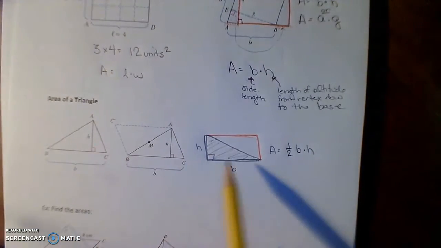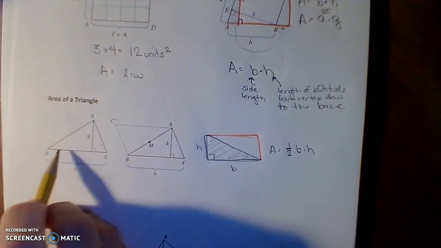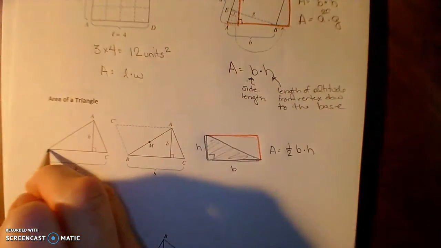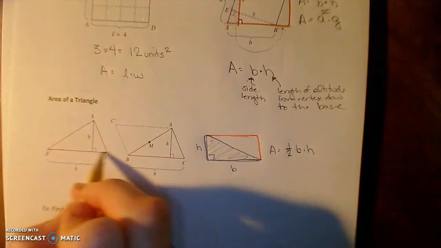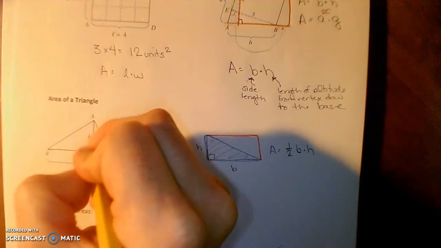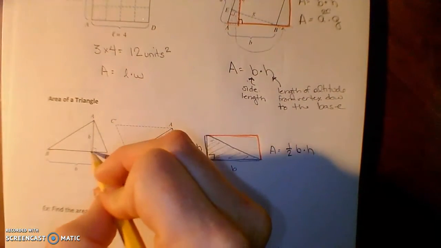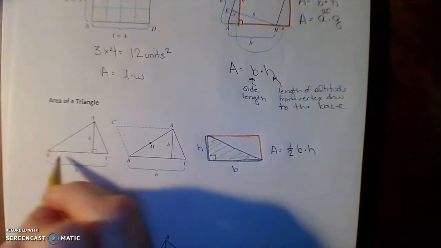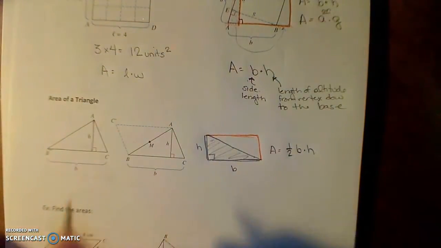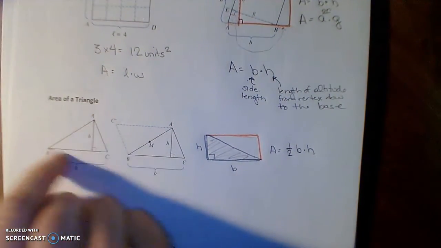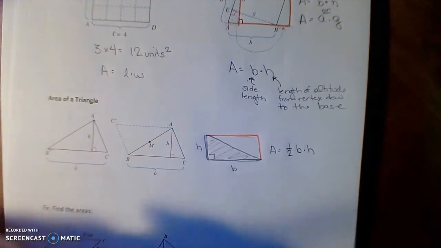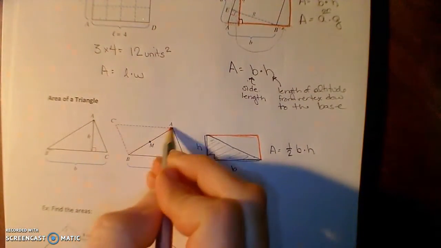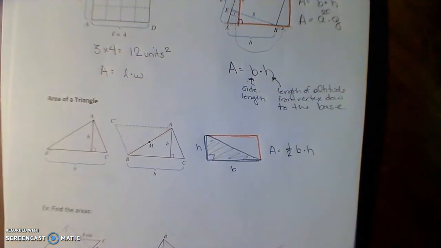Now we can see exactly that formula if you have a triangle that's not a right triangle. First, decide which side length you're going to call the base, and then draw in the altitude. Drop a perpendicular segment down from the opposite vertex. Now you have a base and the height. Now imagine that you take this triangle, make a copy of it, and flip it over. Now you have 2 copies of the same triangle.